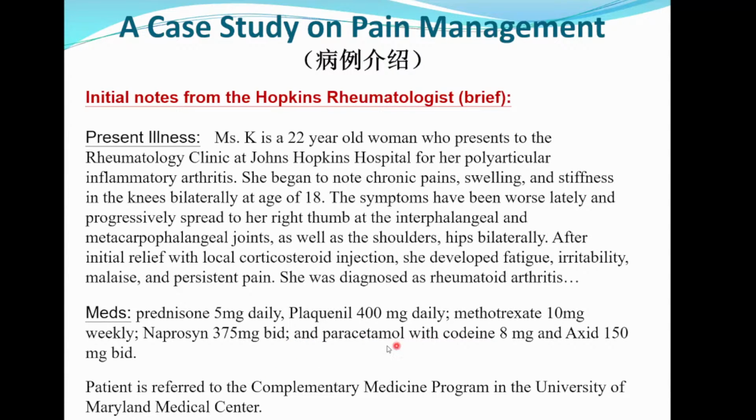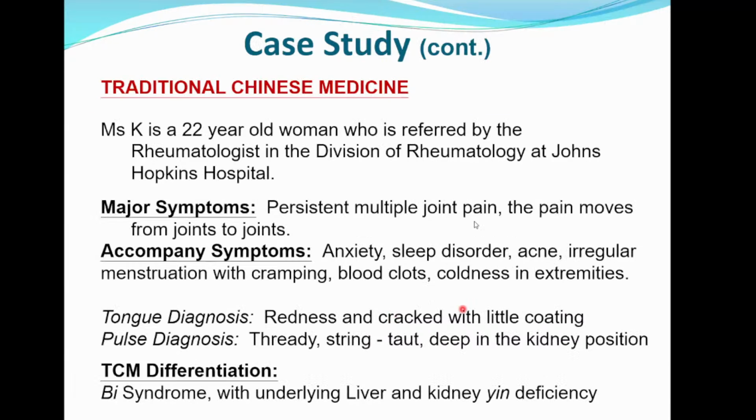You can see this. The patient was referred to the complementary medicine program at the University of Maryland Medical Center, which is me. So here are my notes. I also summarized them. For treating in the Chinese medicine clinic, Ms. K is a 22-year-old woman referred by a rheumatologist in the division of rheumatology at Johns Hopkins Hospital.